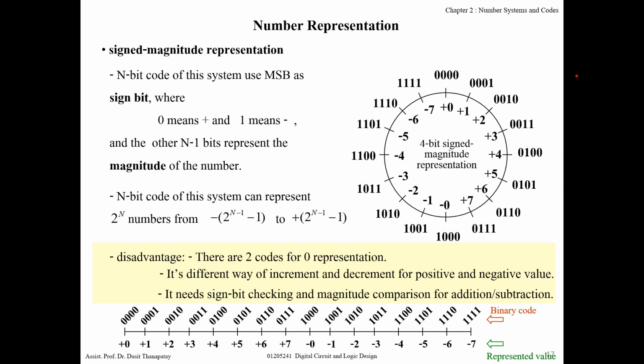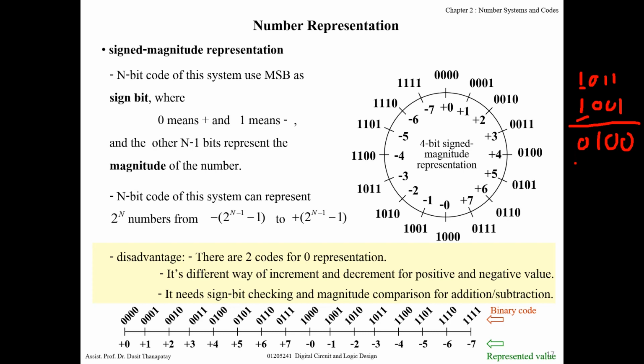How about this one? If you do 1 0 1 1, sorry, 1 0 1 1 and 1 0 0 1. How about this 1 and 1, right? The sign result is 0.